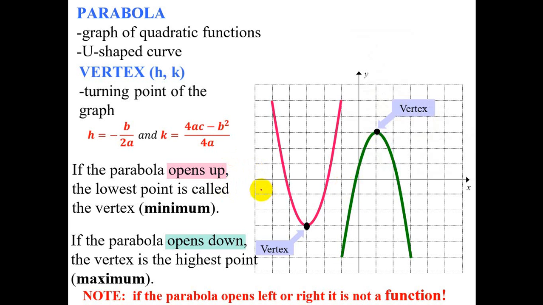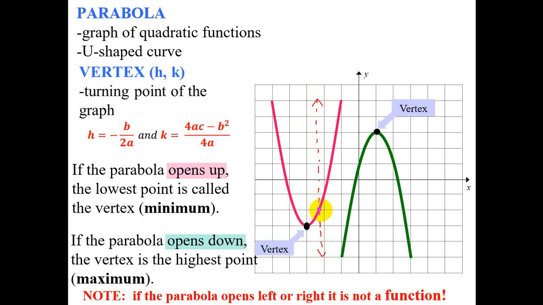Why? In the previous lesson, we actually checked the different graphs wherein we use the vertical line test to test if it is a function. So just like the pink graph that you are seeing right now, if you will be drawing that vertical line test, the condition is that the vertical line must only touch the graph at exactly one distinct point.